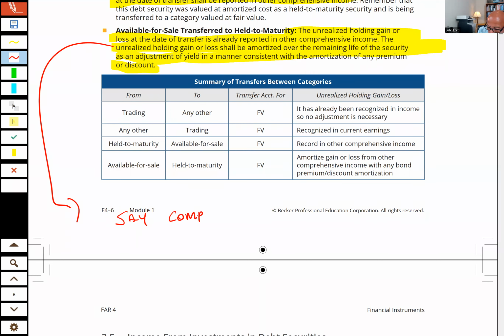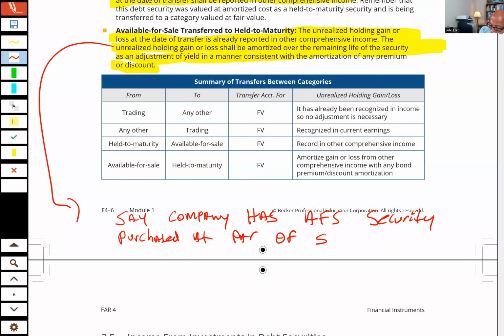Okay, so say, you can just write this down, guys. Say a company has an available for sale security purchased at par of $100.